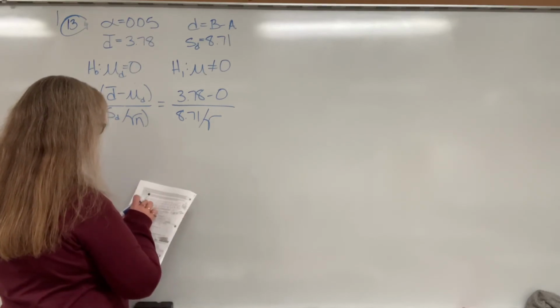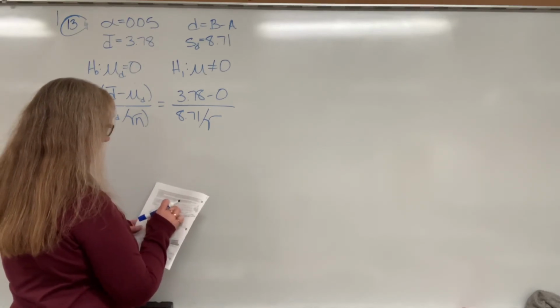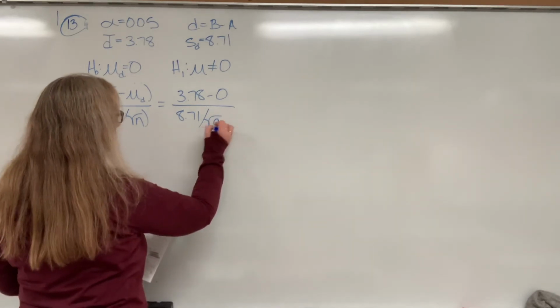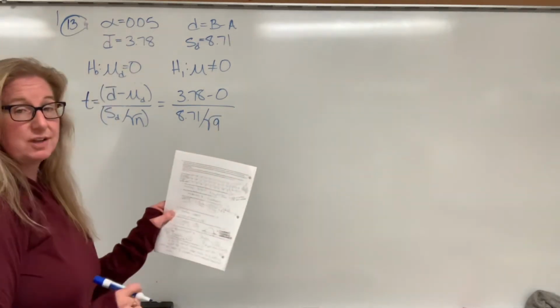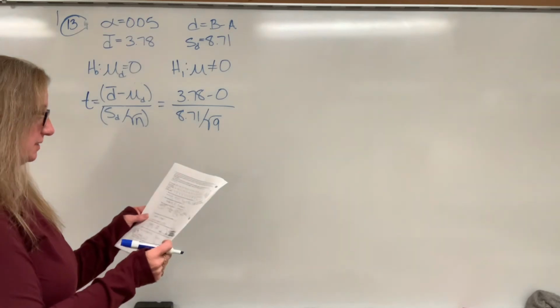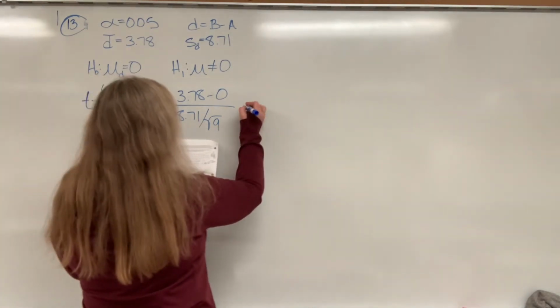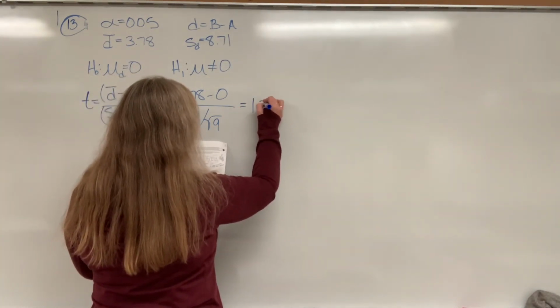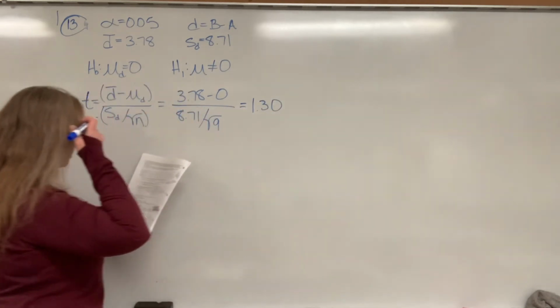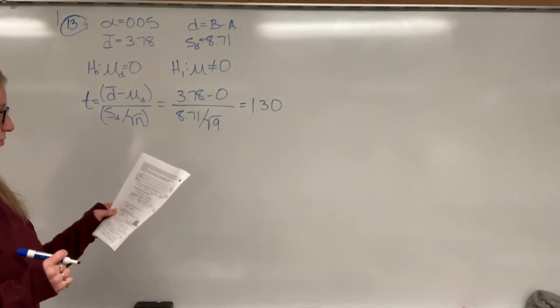Oh, I have to count. 1, 2, 3, 4, 5, 6, 7, 8, 9. N is 9, because there are 9 differences. When I do that math, I find it's 1.30. All right, that's my t-score.